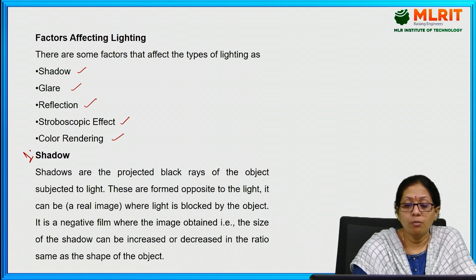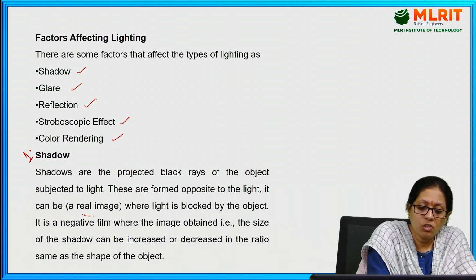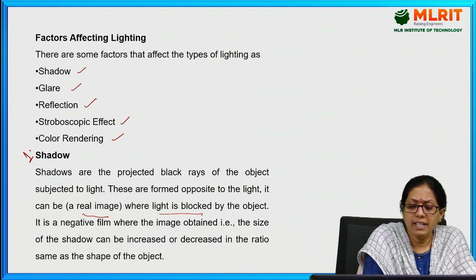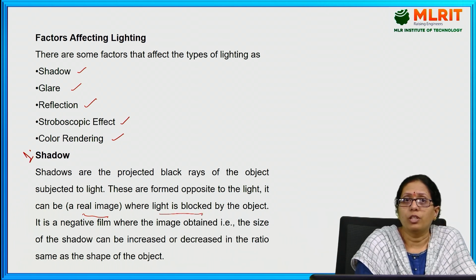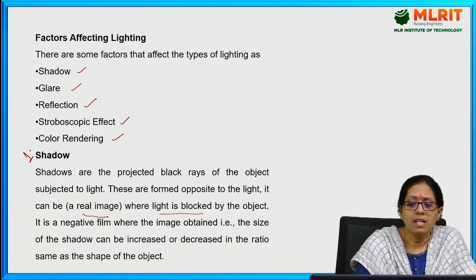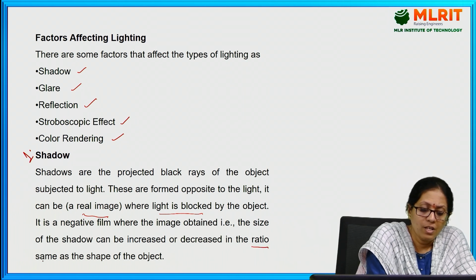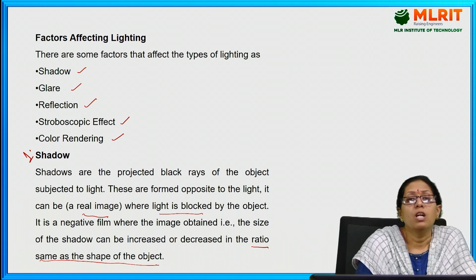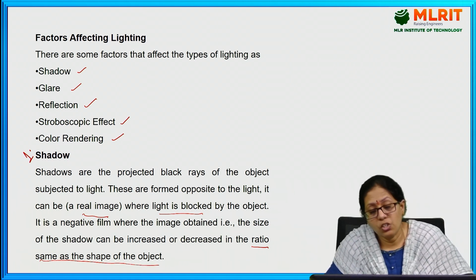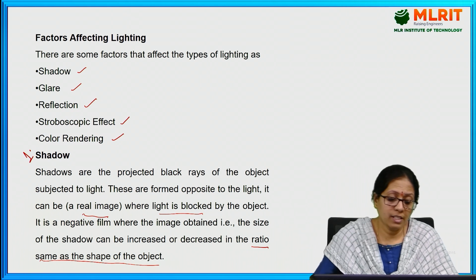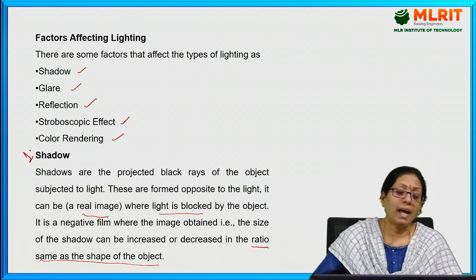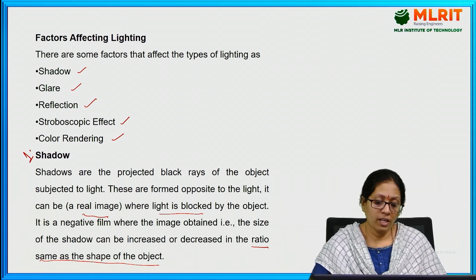They are formed opposite to the light. It can be a real image, formed where light is blocked by the object. It is like a negative film, where the size of the shadow can be increased or decreased, in the same shape as the object. It is a black and white image of a picture.